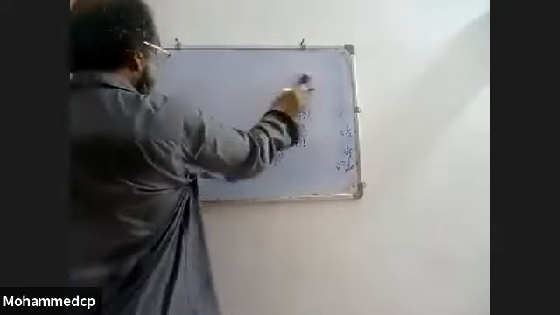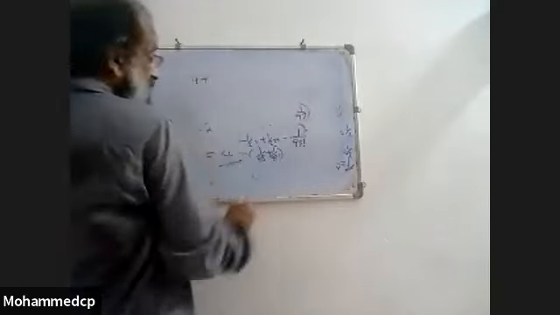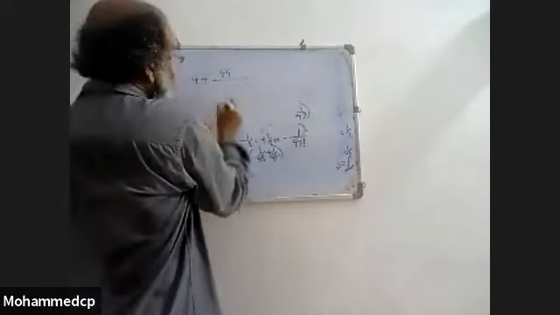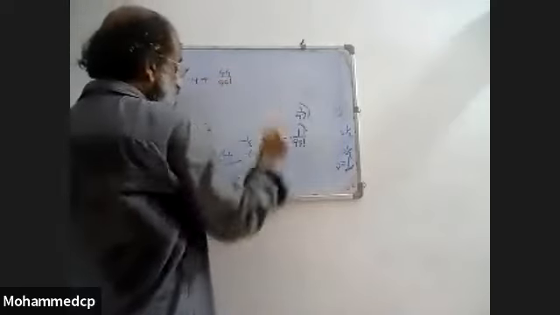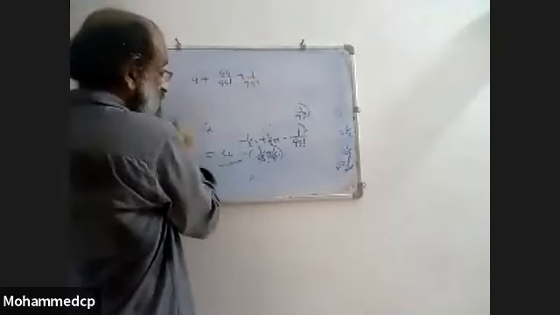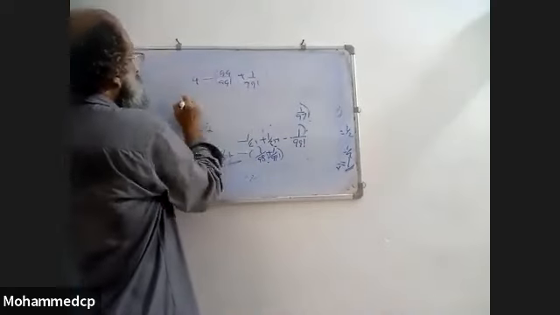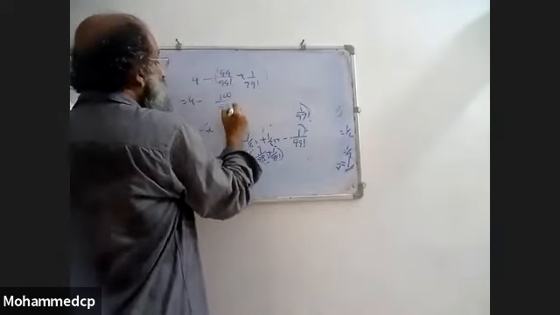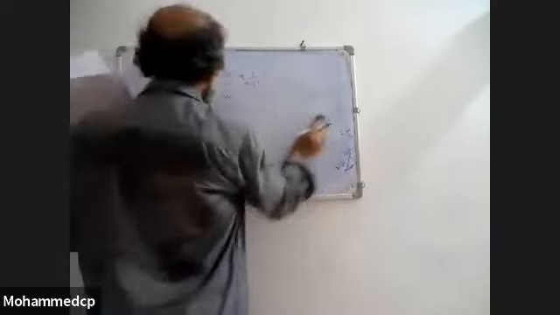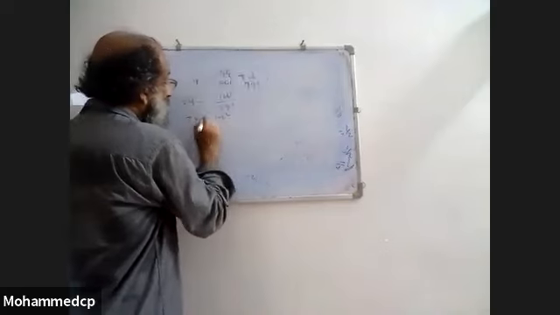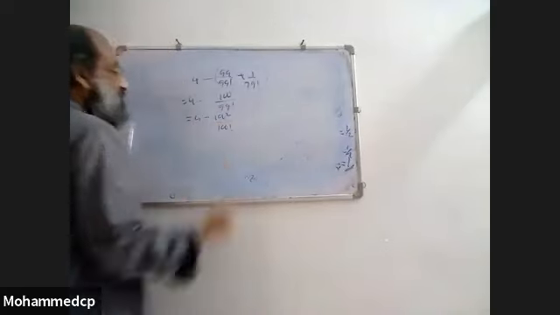4 plus, simplifying, 99 by 99 factorial, that is 98 plus 1 by 99 factorial, for the minus bracket, equal to 4 minus, you can write, 100 by 99 factorial. Therefore, we will get 4 minus 100 square by 100 factorial.